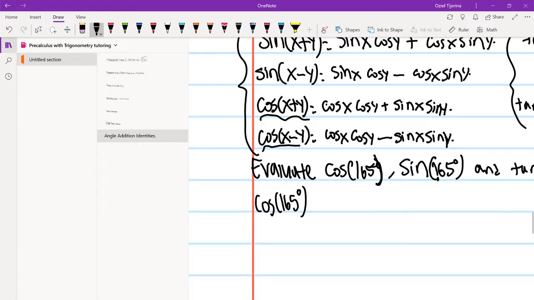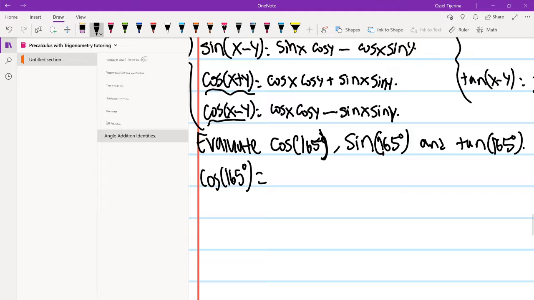this is basically like saying the cosine, let's see, so if you do your unit circle, you have 0, 90, 180, 270, and then 360 right here.